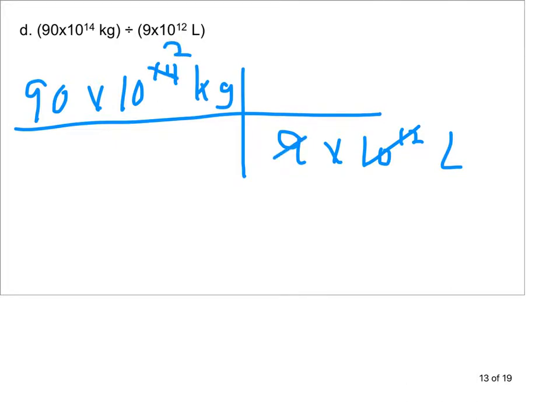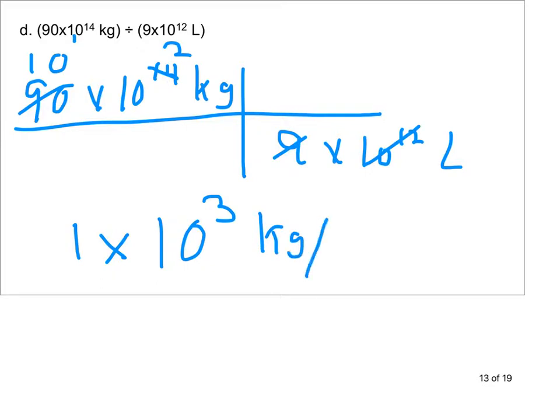This one happens to be an easy one. 9 goes into 90 10 times. So what we actually have is a 10 to the first times a 10 to the second, which gives us a 10 to the third. And then we'll just put a 1 out here to have it in scientific notation. 1 times 10 to the third kilograms per liter.